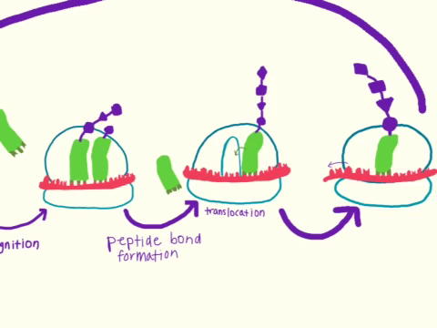This movement brings into the A site the next mRNA codon to be translated, and the process begins again as we cycle back. Then the stop codon reaches the ribosome site and is the termination, and it acts as a signal to stop translation.